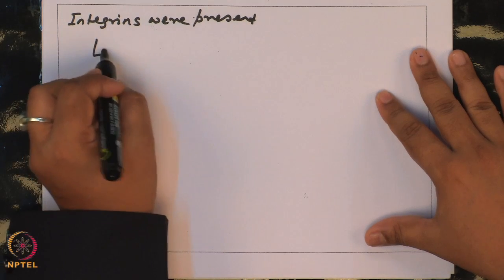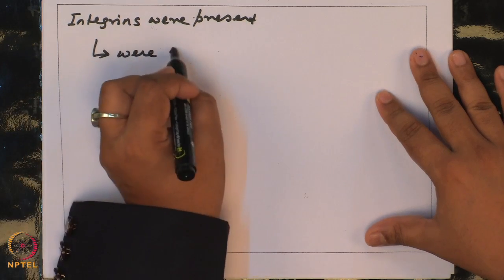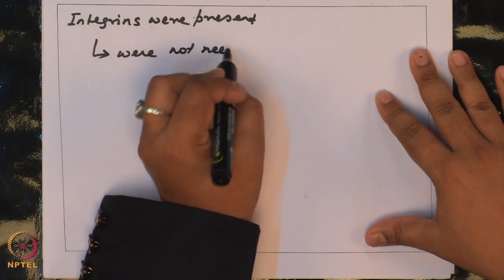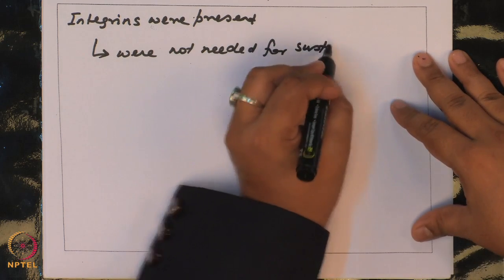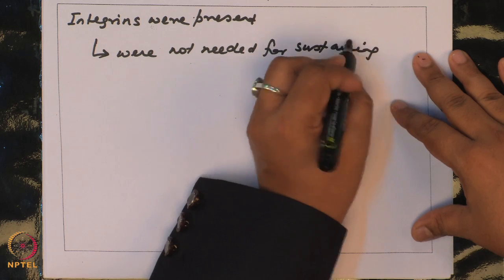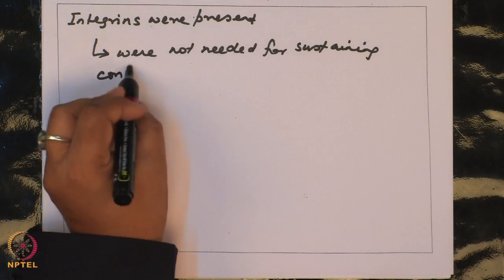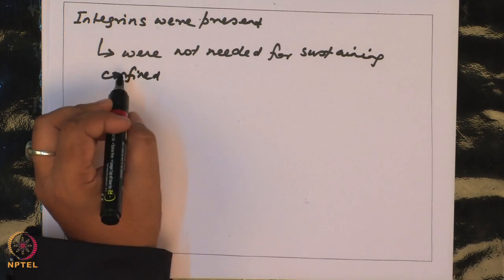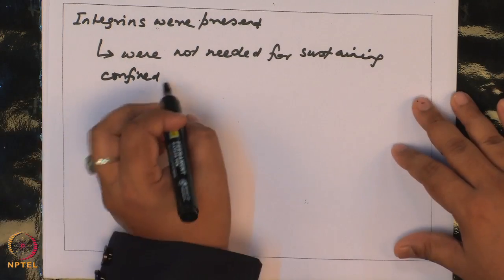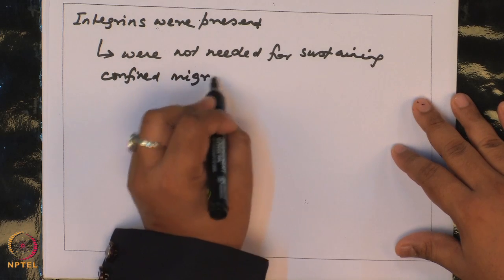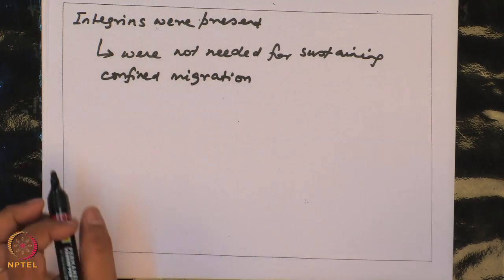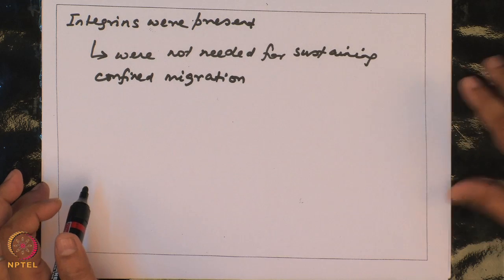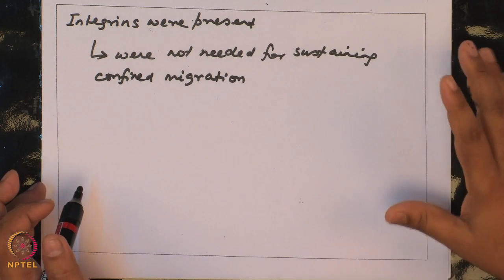However, integrins were not needed for sustaining confined migration. This can be tracked once again by tracking the retrograde flow.